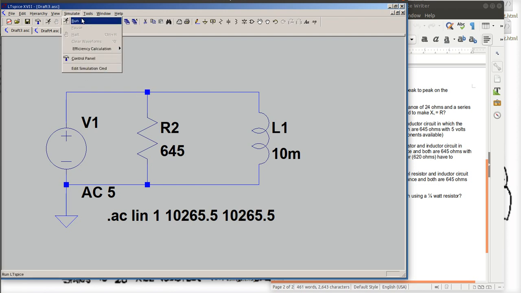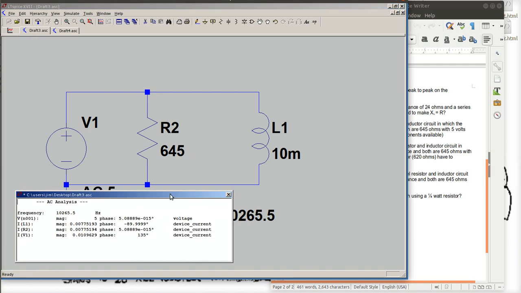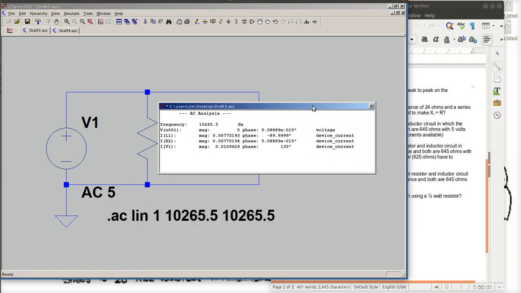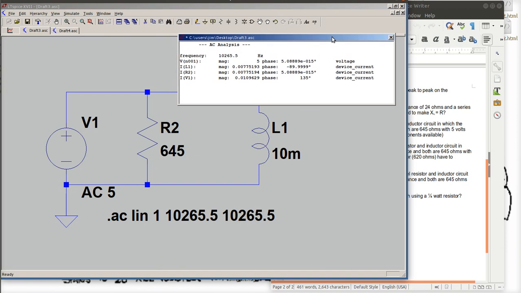Simulate and run. Now this interestingly gives me 1 voltage, which is 5. So I've got 5 volts across everything because everything's now in parallel. My currents wind up being a little different. My inductive current and my resistive current are about the same, about 7.8 milliamps. But what you see is there's a phase angle difference.